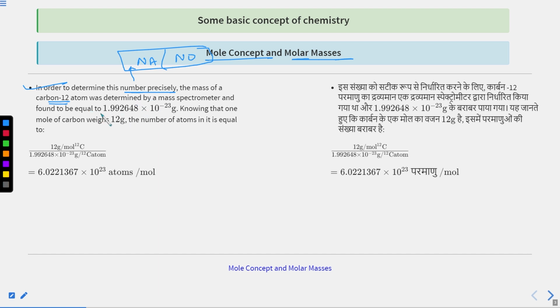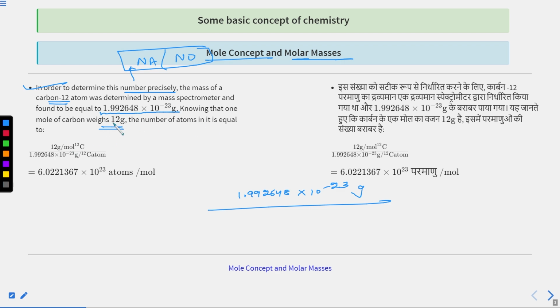And it is found to be equal to 1.992648 into 10 raised to the power minus 23 gram. This is the mass of a carbon 12 atom. Knowing that 1 mole of carbon weighs 12 gram, you know very well, if 1 mole of carbon weighs 12 gram, the number of atoms in it is equal to what?